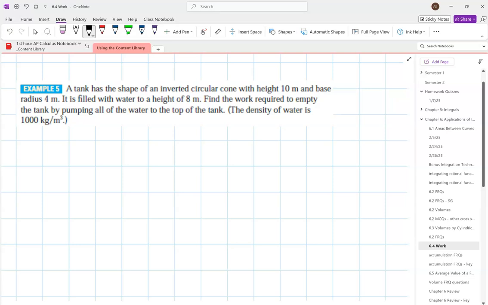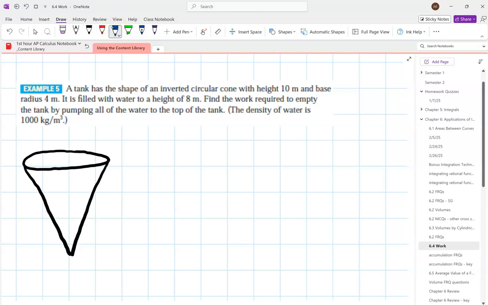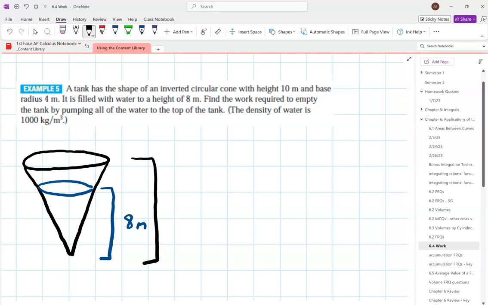Okay, so I'm going to start by just kind of drawing myself a picture of what's going on here. So there's my cone. There's my water. Everybody okay with this so far?